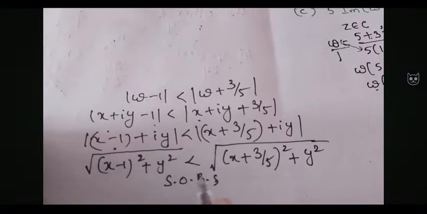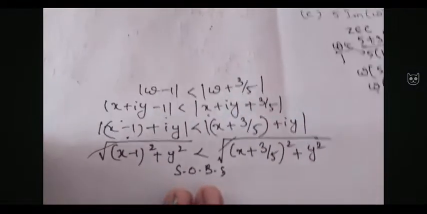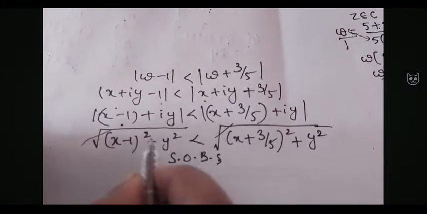When we square on both sides, we cancel the square root on both sides. The remaining is x minus 1 whole square.